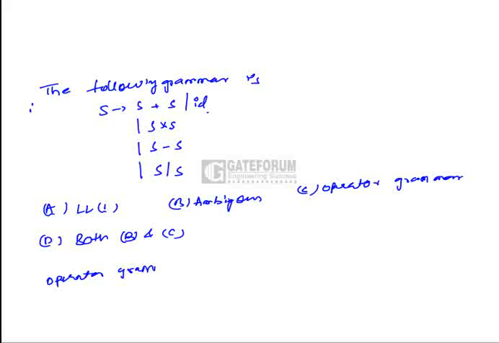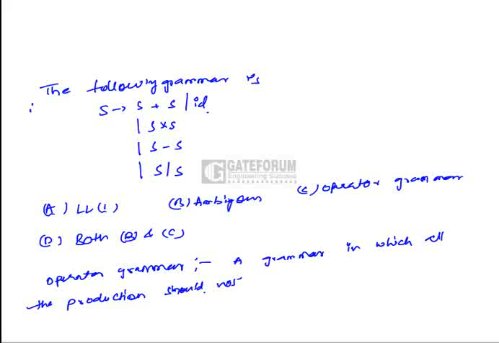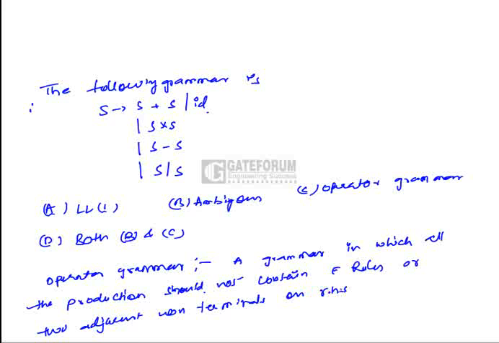Operator grammar: a grammar in which all the productions shouldn't contain epsilon rules or two adjacent non-terminals on the RHS part.